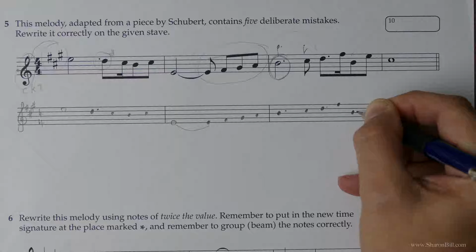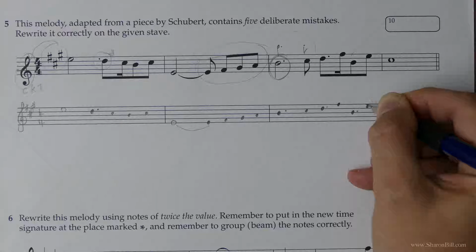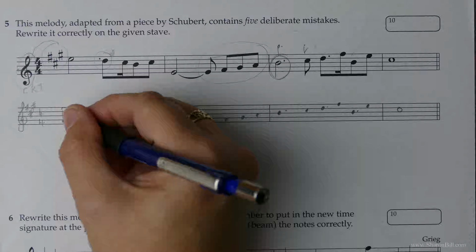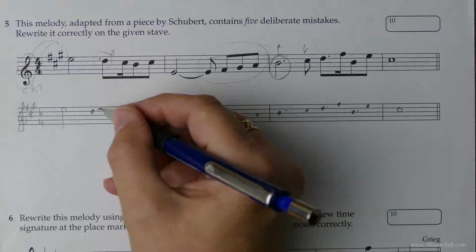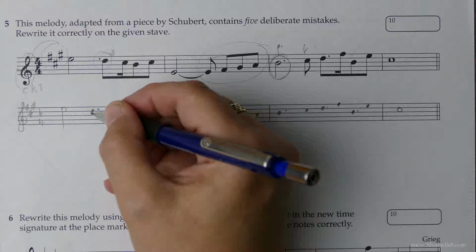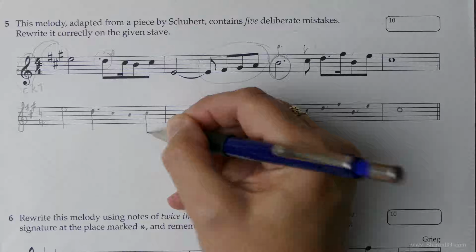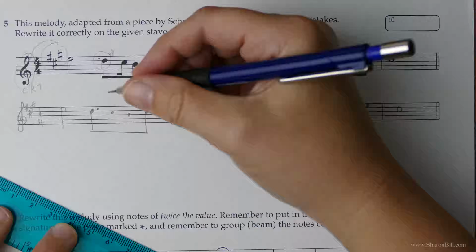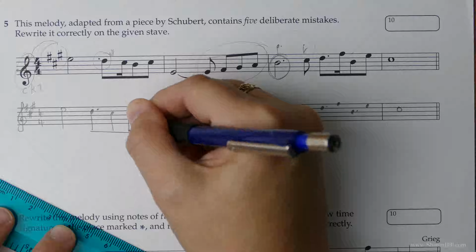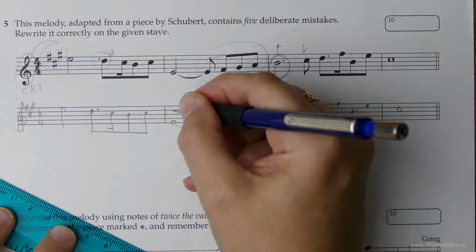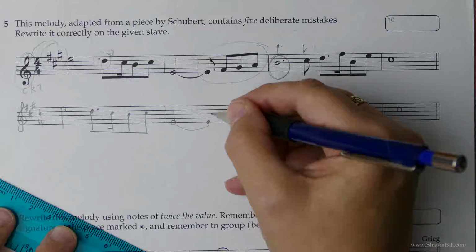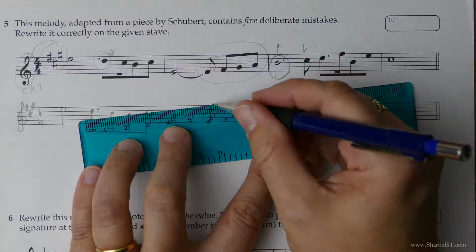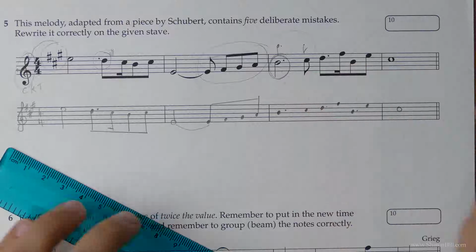Down to the B. C to finish. So this stem is okay. Now I've moved the dot to the right place. These can still all be beamed together. Now all of these need beaming together to show the rule where we can beam.